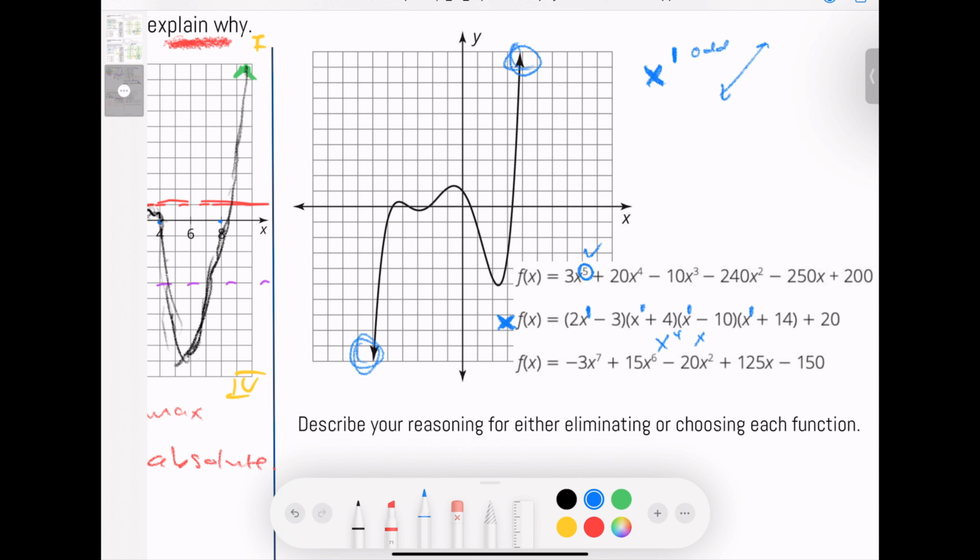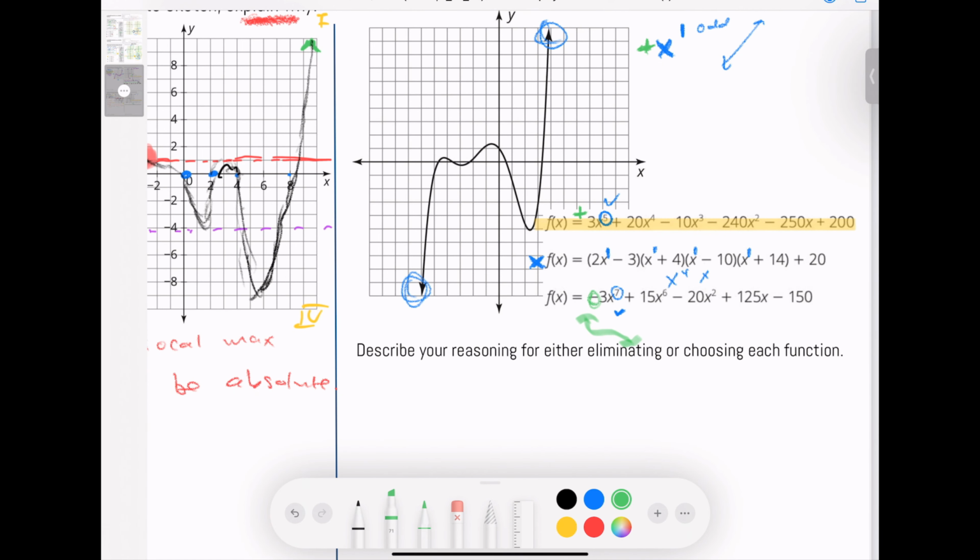This is also odd, which is good. So I have the first and the third one. The next thing is this is a positive and this is a negative. This is going to be a positive because the arrows don't change, so I'm going to keep the first one. I eliminated the second one because this graph would look something like that.